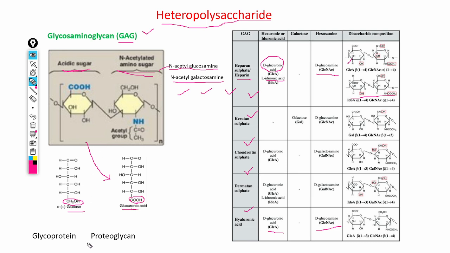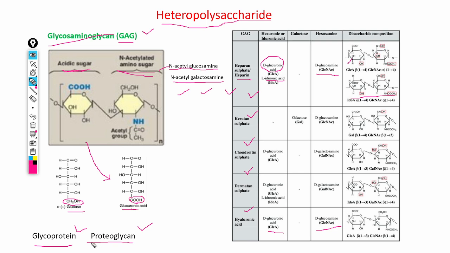So here, what is the difference between proteoglycan and glycoprotein? Any carbohydrate that joins to a protein is called a glycoprotein. But if the carbohydrate is a glycosaminoglycan, then only it is called a proteoglycan. For example, if glucose is bound to protein, then it is called a glycoprotein, not a proteoglycan.